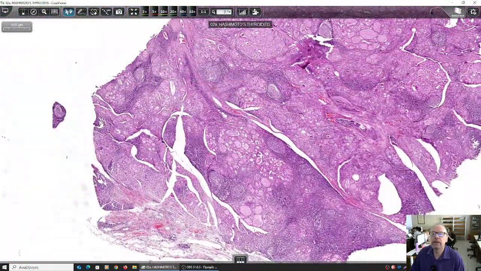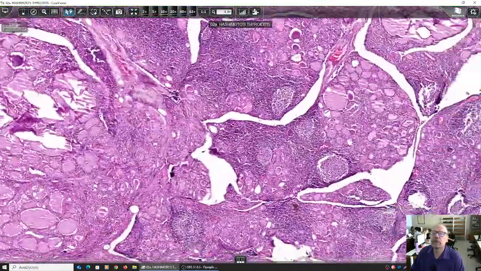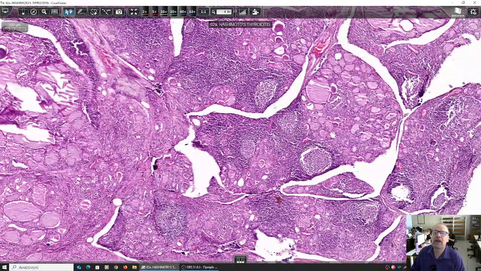Have a look. This one, this one, this one. Of course, there is a population of B cells within the dense lymphocytic infiltrate of the thyroid. What are these structures that tell us there are B cells here? They are lymphoid follicles with active germinal centers.